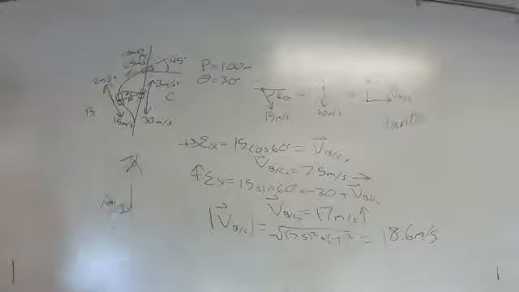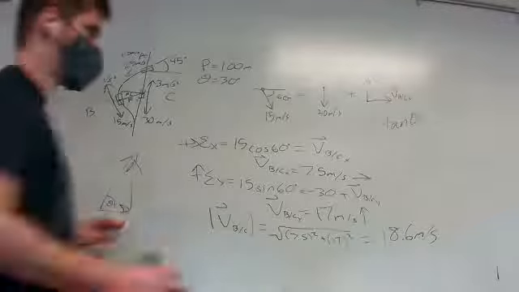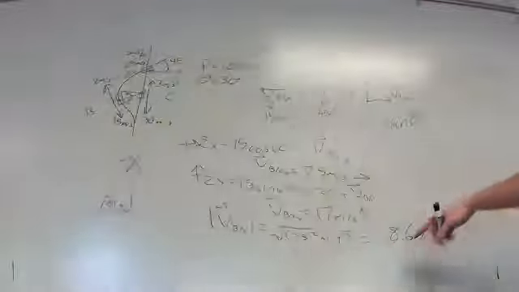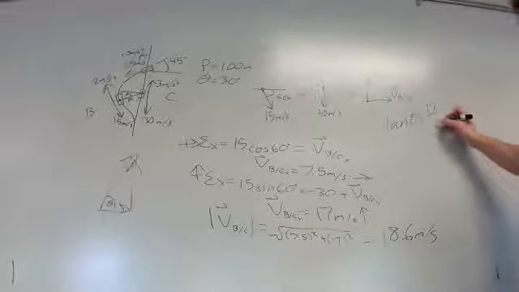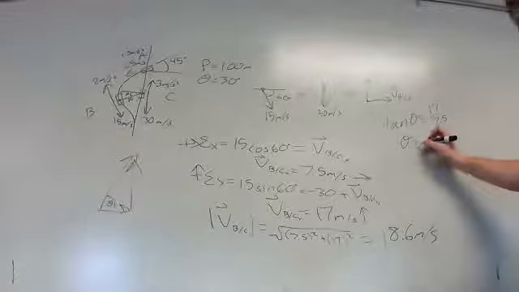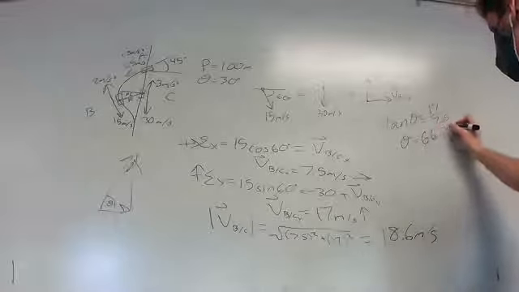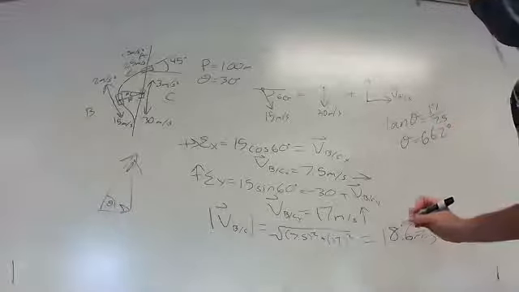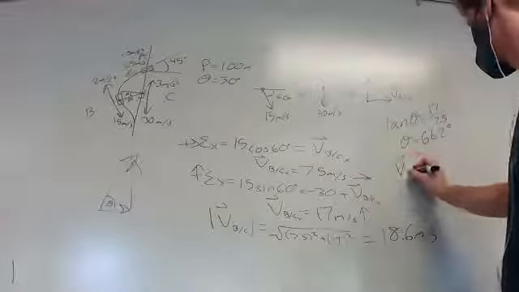Here's our theta. So our opposite is going to be y, our adjacent is going to be x. So we'll have tangent theta is equal to 17 meters per second over 7.5 meters per second. Solve this for theta. We get theta is 66.2 degrees.